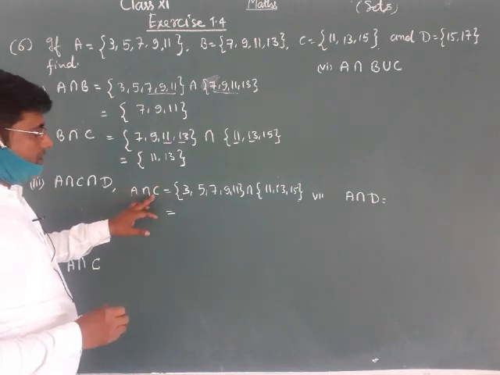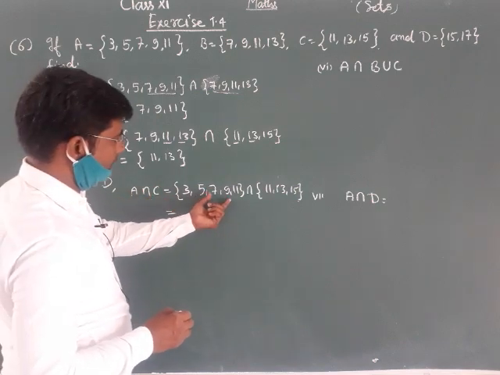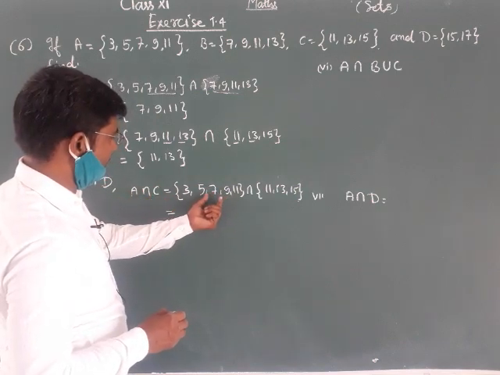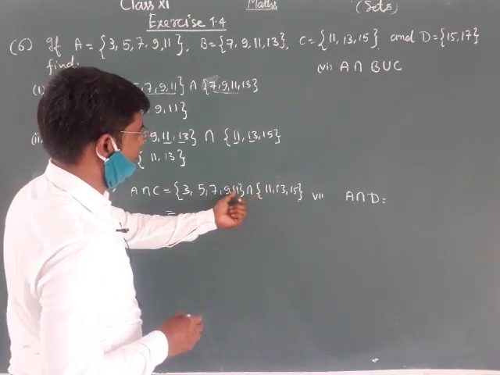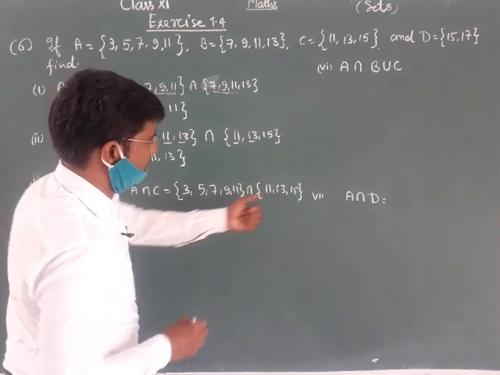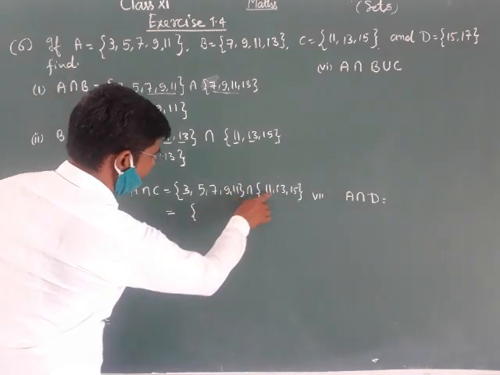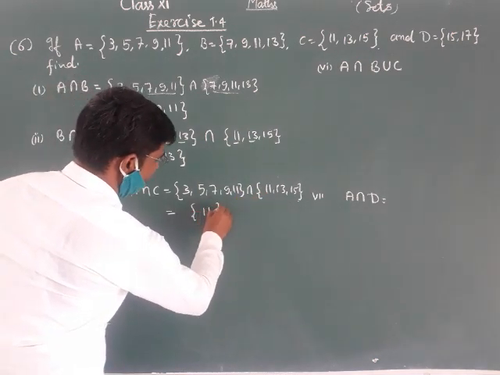For A intersection C, only the common element is taken, so only 11. So we can write 11.